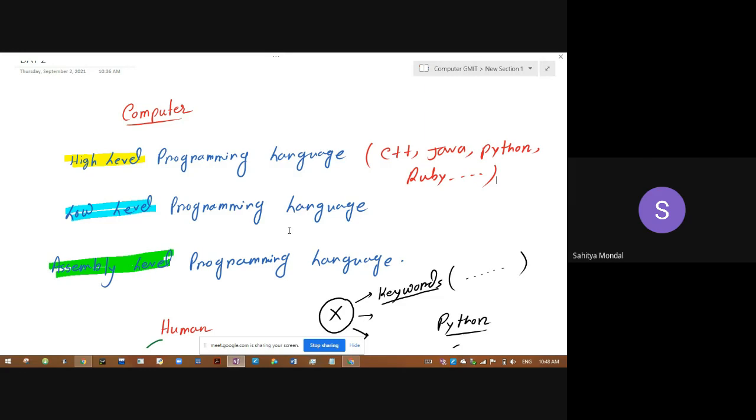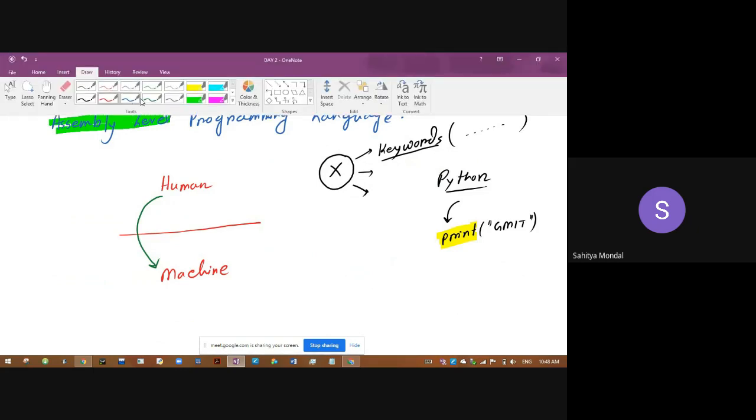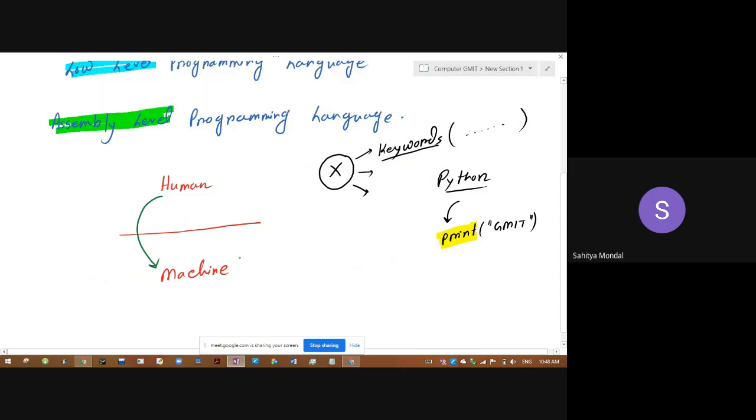Okay, now what is low level? Low level means the programming languages are very easily understandable by the machine. As I already told you yesterday, the machine only understands 0 and 1. Only these two things are understandable by the machine. The machine cannot understand what is print, what is text, what is read, what is number.